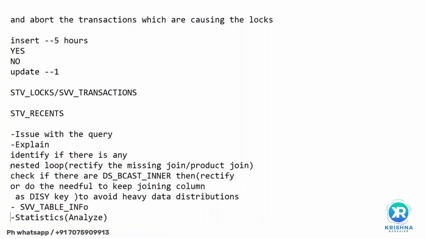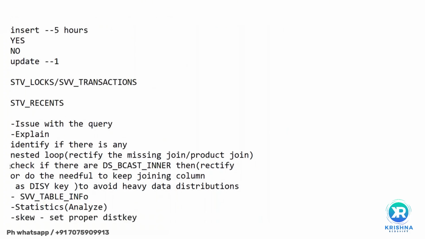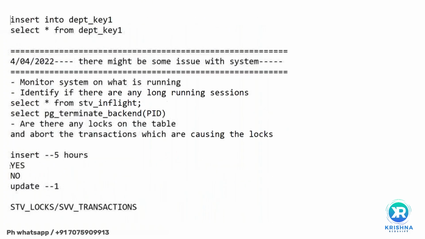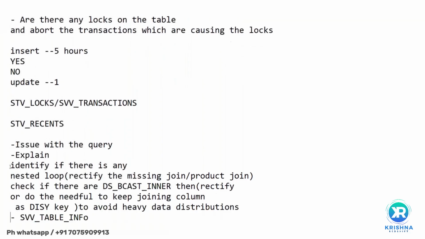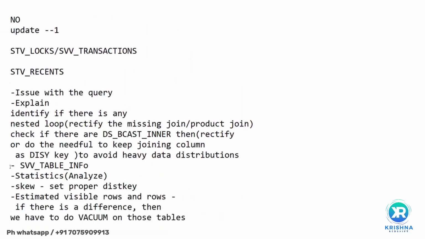Okay, let's say there is no issue, and there is no long running job on the system. Generally, when you answer this question, the interviewer will say, okay, there is no long running job, then what will you do? So like that he will ask.